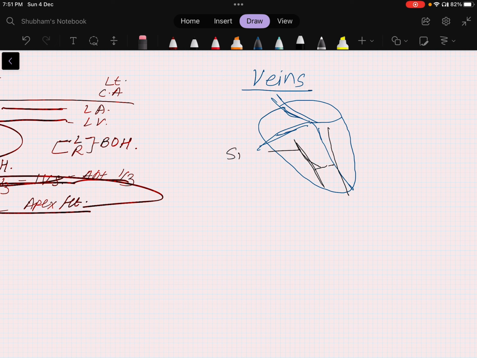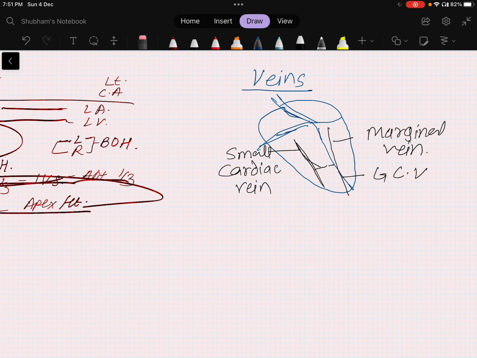This is the small cardiac vein. This is the marginal vein, right? And this is the great cardiac vein, and this is the middle cardiac vein.